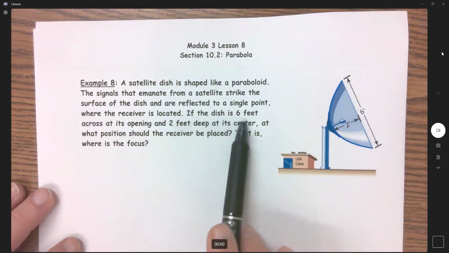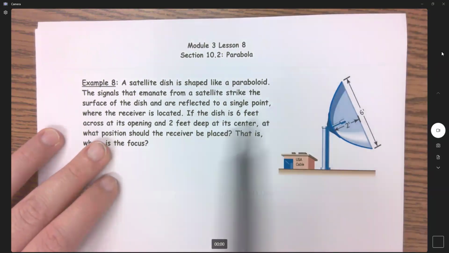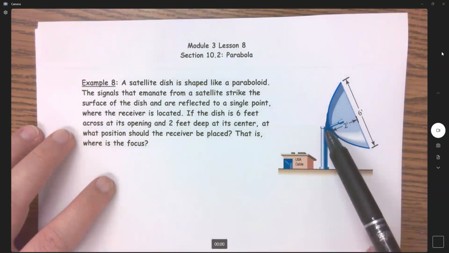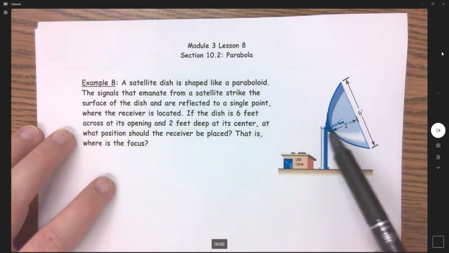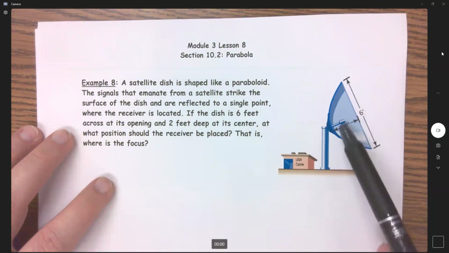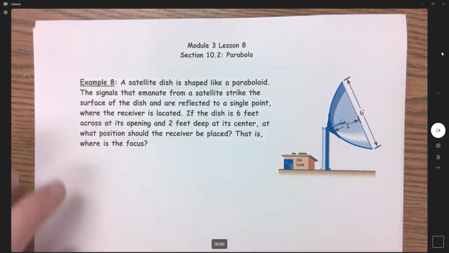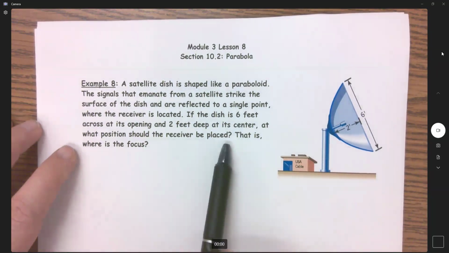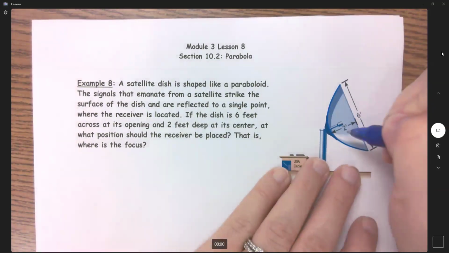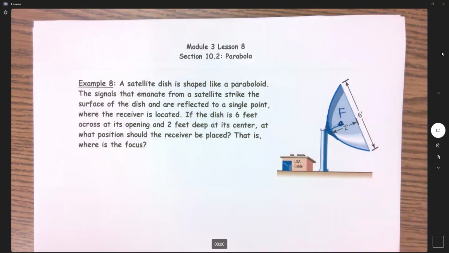So if the dish is 6 feet across its opening, which we can see here, and 2 feet deep at the center, so essentially from the vertex up to the end of this satellite dish is 2 feet, not to the receiver, but all the way through. What position should the receiver be placed? That is, where is the focus? So this right here is my focus.